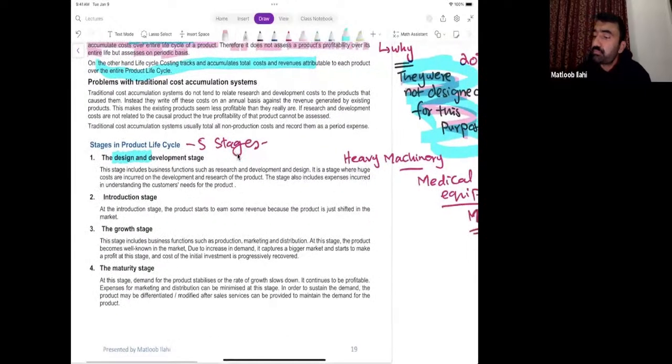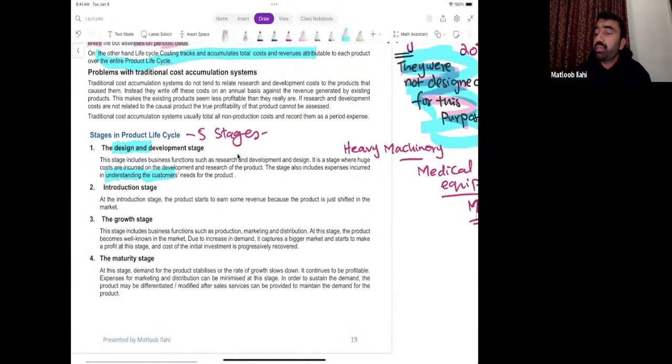Number two, introduction stage. Once the product design and development stage, and once the prototypes are developed, once the design and development stage has successfully completed, now the product is at the introduction stage.